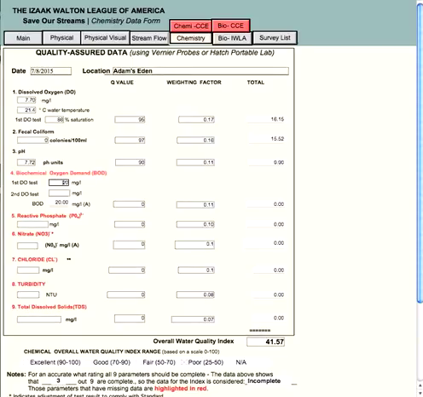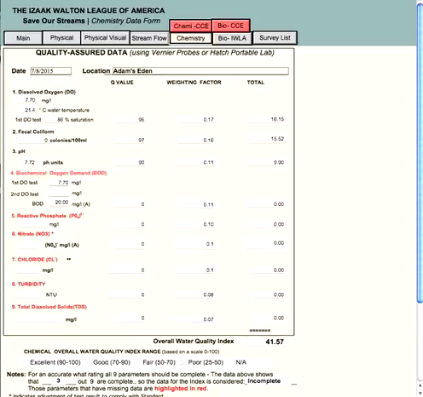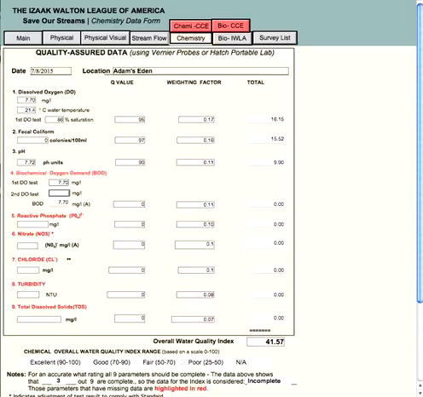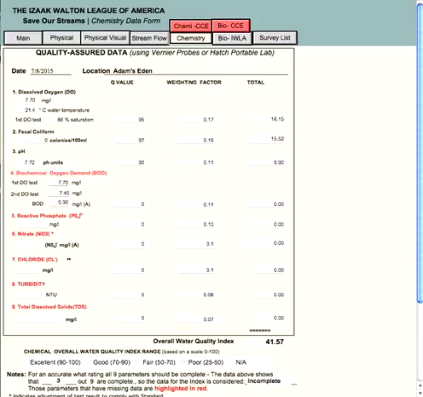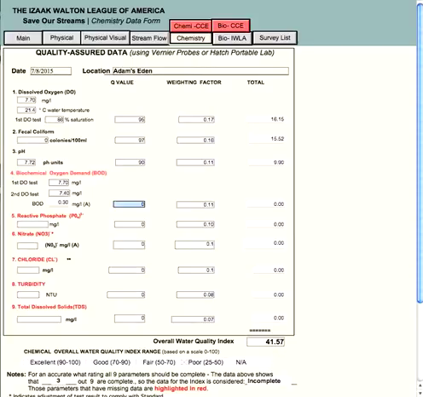And then for our biochemical oxygen demand, our first test was 7.70. And our second test was 7.40, and our Q factor was 97.